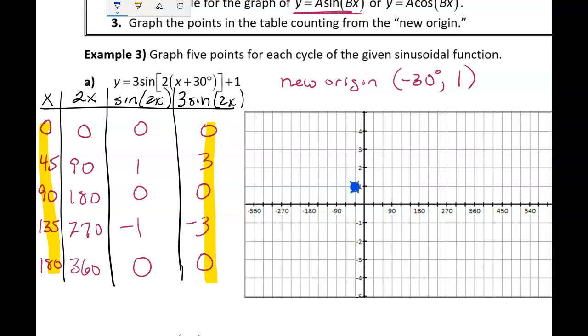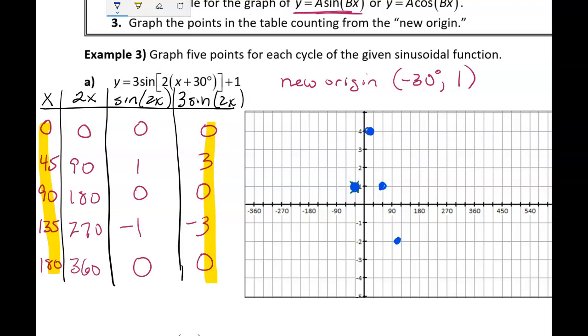Then over 45 and up 3 from the new origin. So we're at 4 on the y-axis, right, because our new origin was at 1. So we're up 3 from there, and we're right 45 from there. And then over 90 from the new origin, up 0 from the new origin, over 135 from the new origin, and down 3 from the new origin.